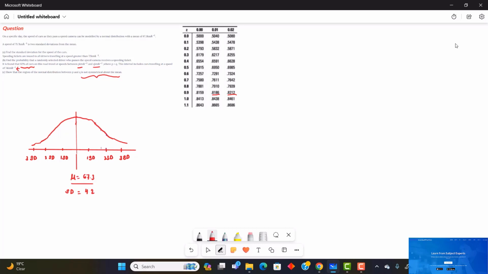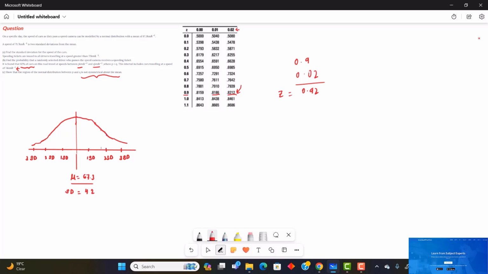However, we will consider this value to be approximately equal to 0.82. Corresponding z-score for this one is 0.9 and 0.02. So if you add 0.9 plus 0.02, it comes out to be 0.92. So had the distribution been symmetrical, the z-score for that would have been 0.92.